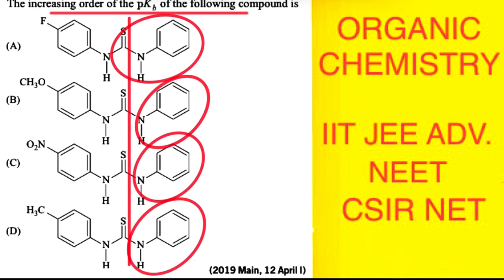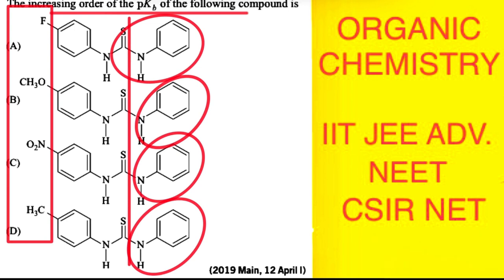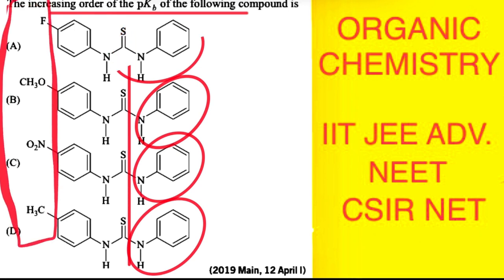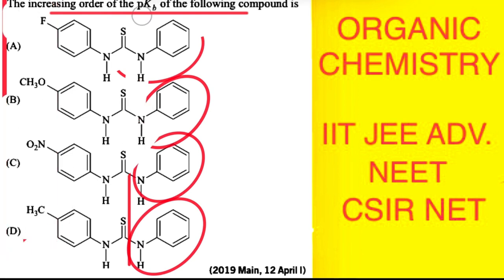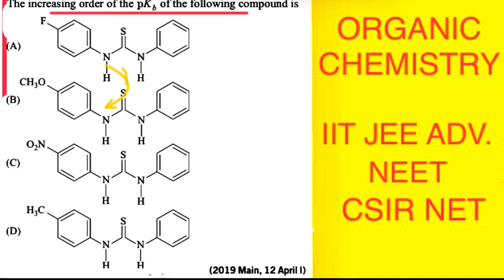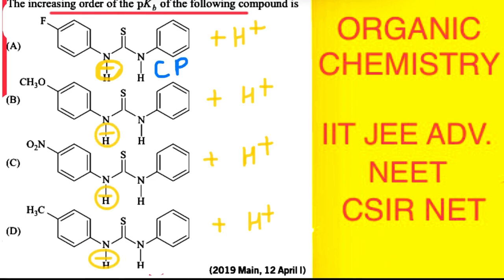This right side portion is all phenyl, but the left side, this different substituent will decide the acidity of this compound. If this compound loses its proton, that means it is acidic. After losing this hydrogen, the nitrogen bears a negative charge. This negatively charged molecule is called the conjugate base; these are all conjugate bases of the acid.